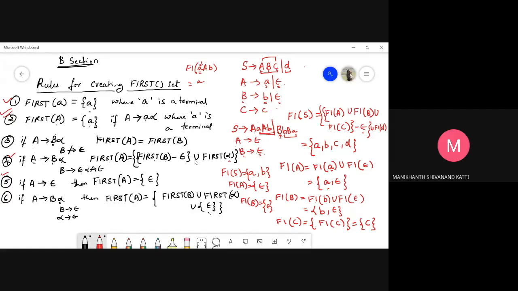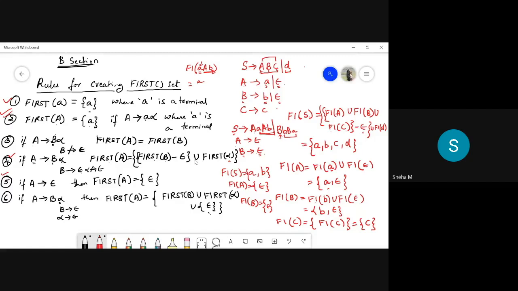The rest, capital A and B, are ignored, non-reachable from S, right? We are trying to see, if I derive leftmost derivation, what are all the terminals I can reach.